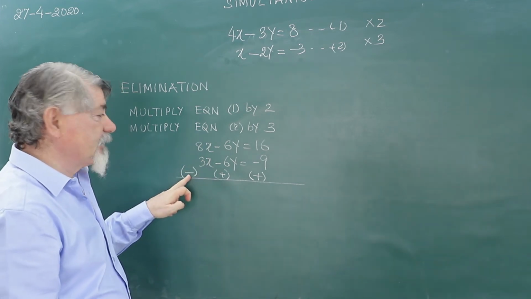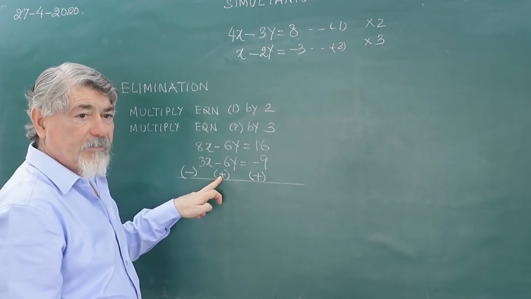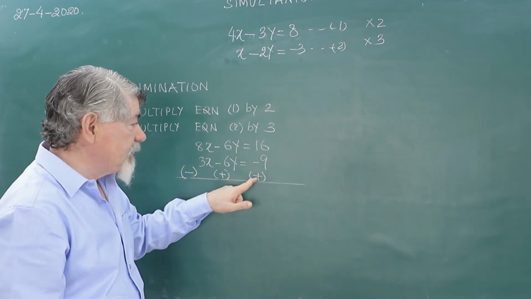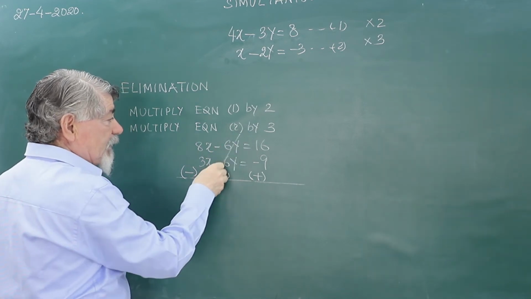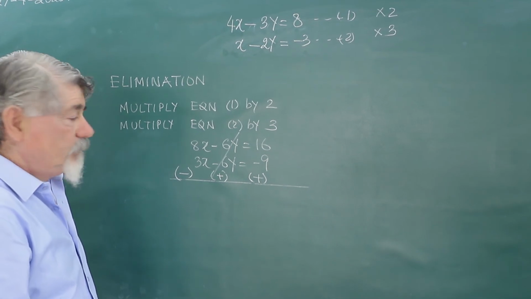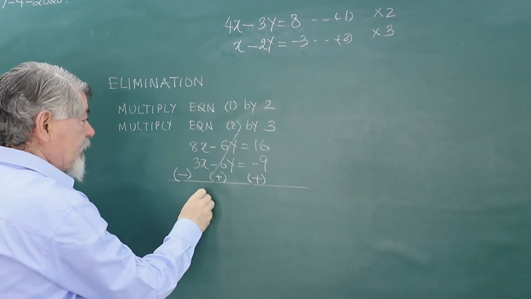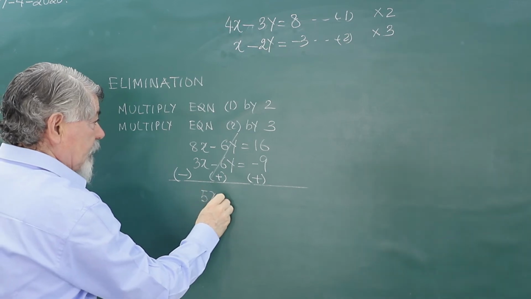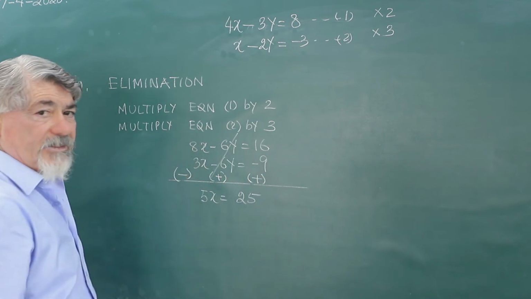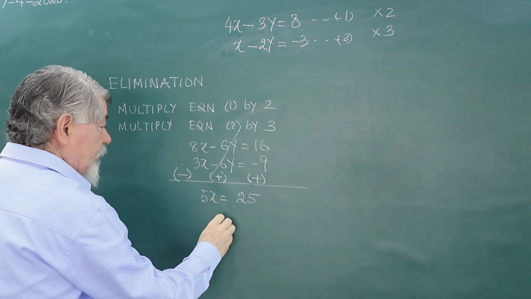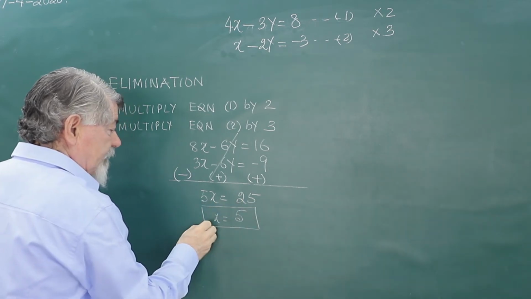It was plus 3x, it will become minus 3x. It was minus 6y, it will become plus 6y. It was minus 9, it will become plus 9. Now the 6y terms will cancel. 8x minus 3x will be 5x, and it will come out to be 25, because 16 plus 9 is 25. So x will come out to be 5. You got the value of x is 5.